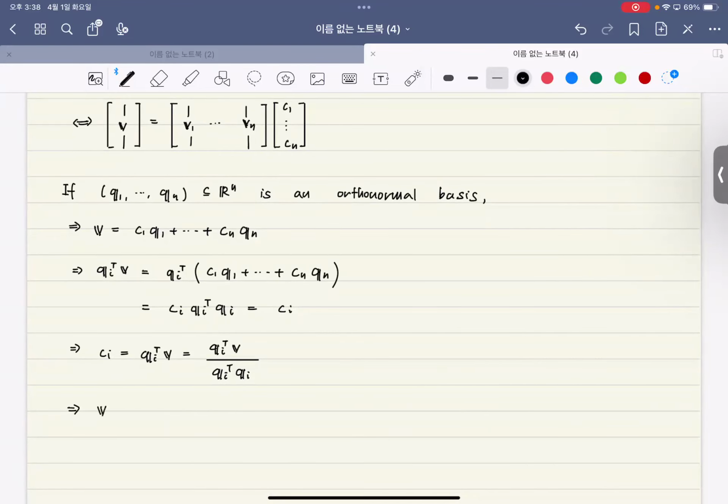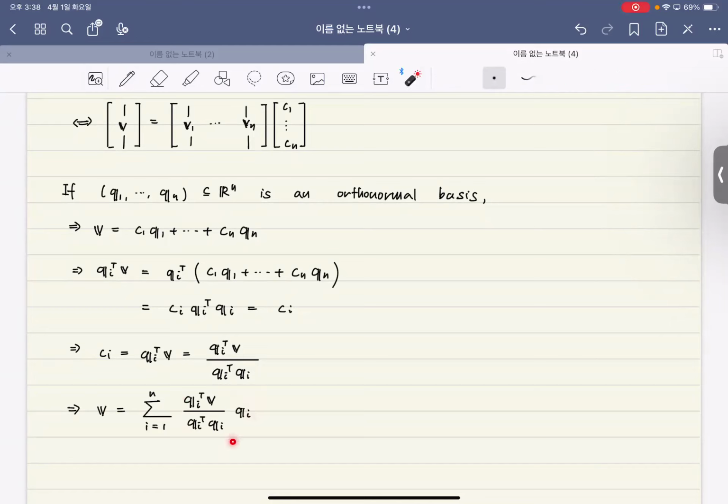So my vector V, using sigma notation, is a sum of these vectors, Qi transpose V times Qi. Now I think I have seen this before.